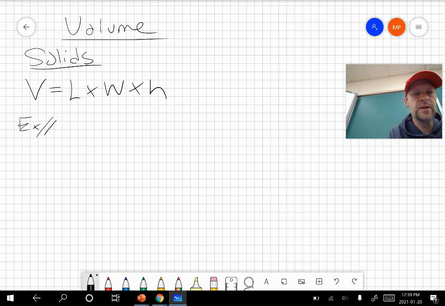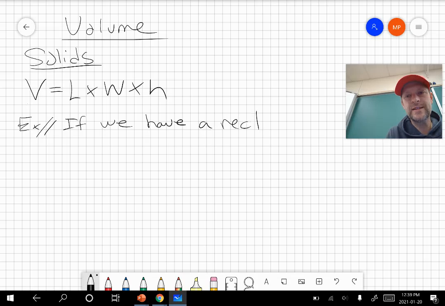For example, if we have a rectangular piece of, let's say, copper.